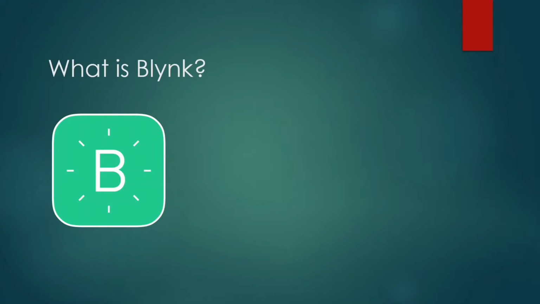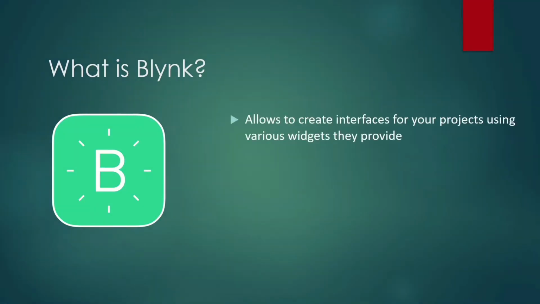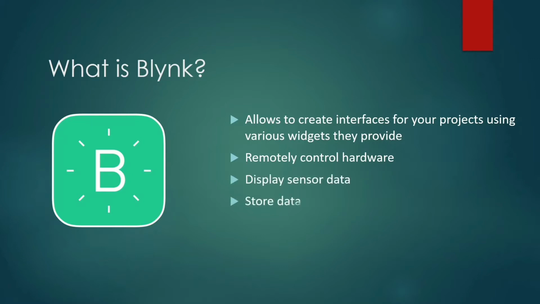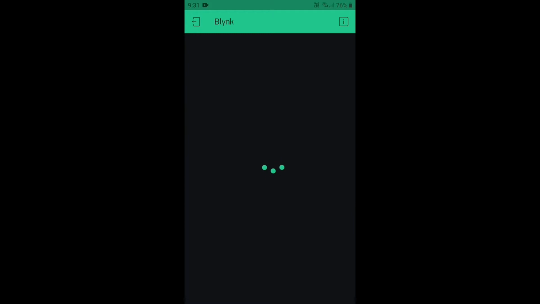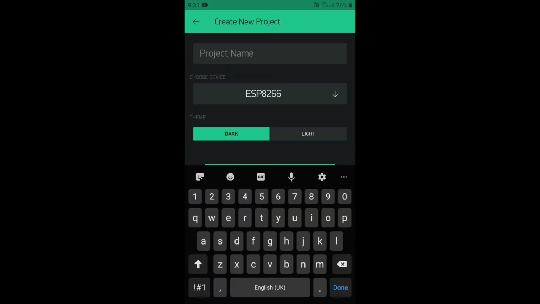So what is Blynk? Blynk is a platform that allows you to create interfaces for your projects using various widgets they provide. It remotely controls hardware, displays sensor data, stores data, and visualizes it. Download the Blynk app from Google Play Store. Now open the app, click on New Project, and give it a project name.